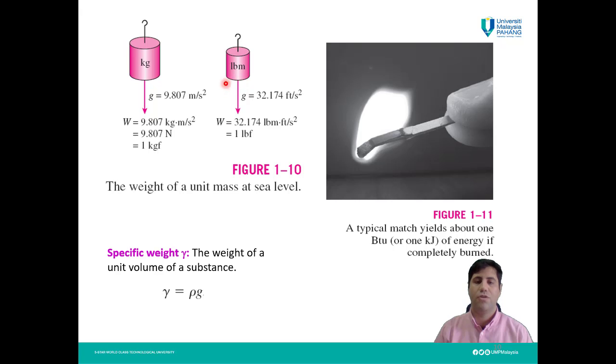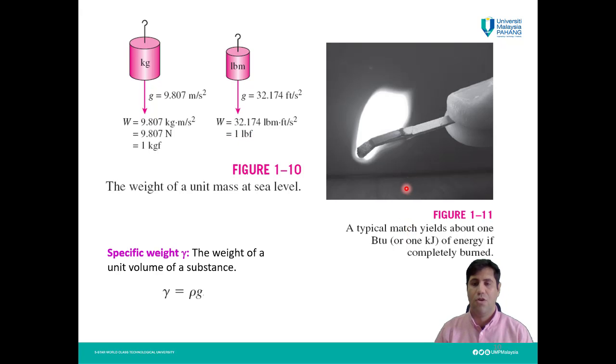And about pound force, also because the gravitational acceleration is 32.17 something foot per second squared, you can see the weight will be this much, which is equal to 1 pound force.